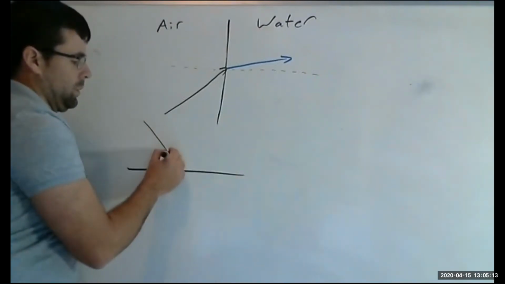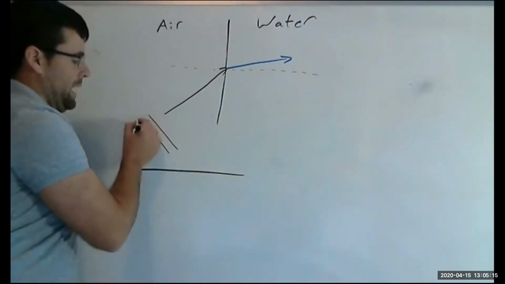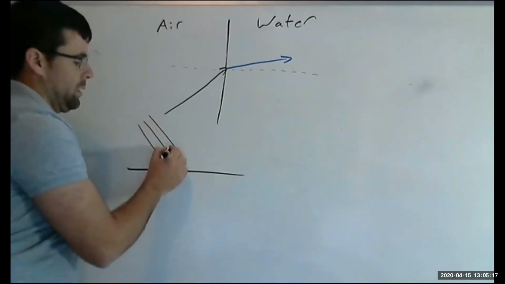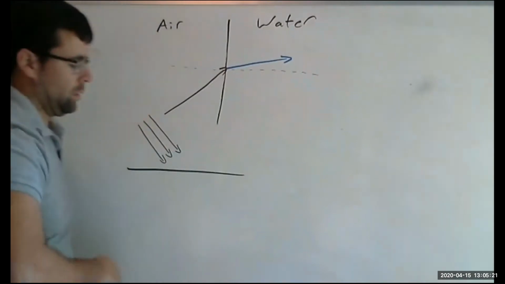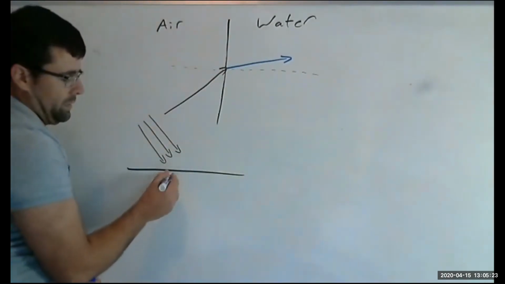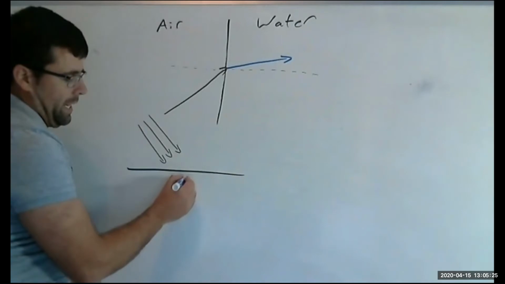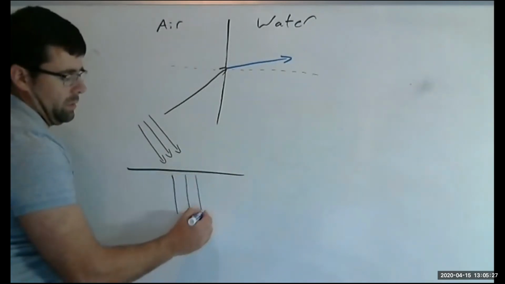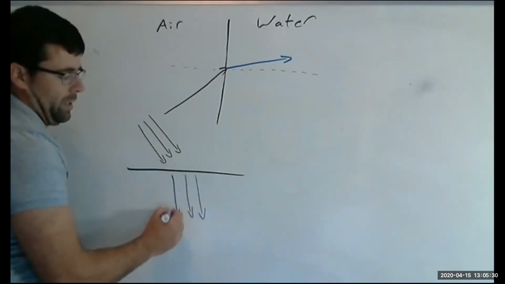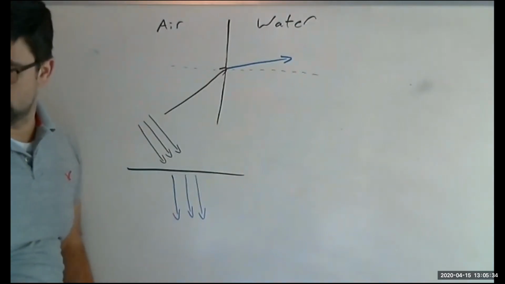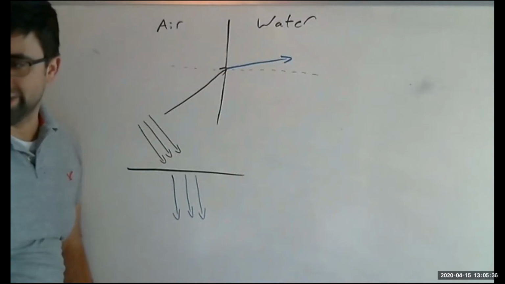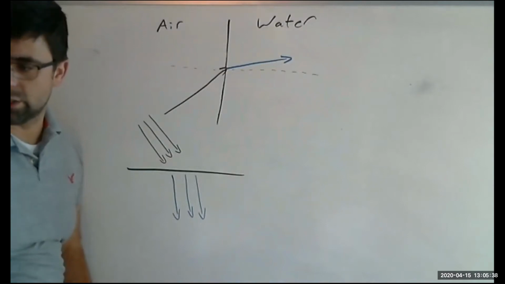So when we have light coming in, what is it that causes it to not come out at the same angle that it went in? For what reason does it turn?